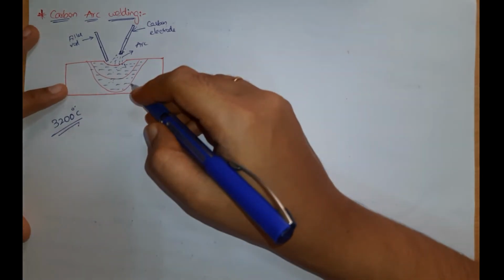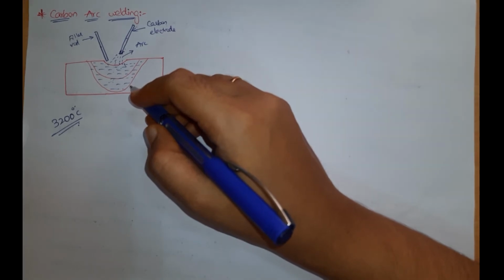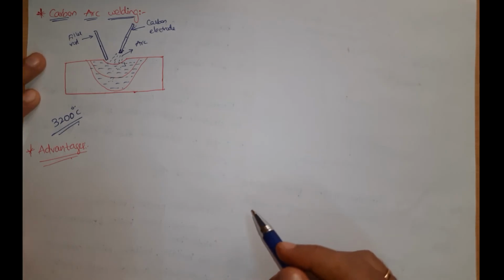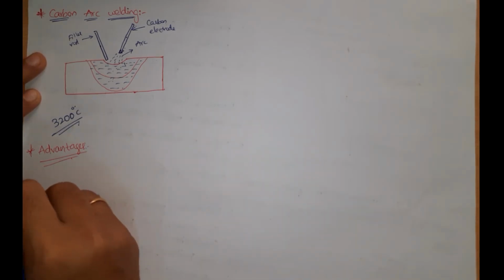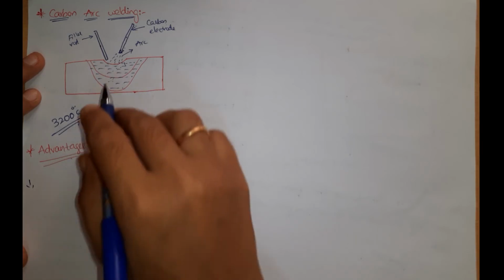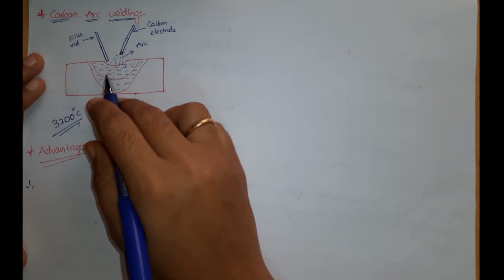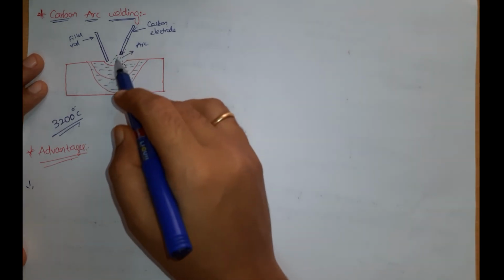Now let us see the advantages and disadvantages of carbon arc welding. Coming to the advantages, we can control the heat input to the workpiece. Do you agree? How can you control the heat input? By controlling the arc length, right?